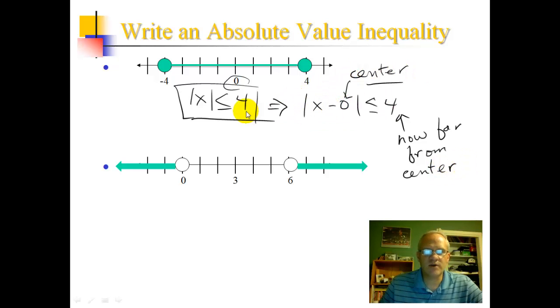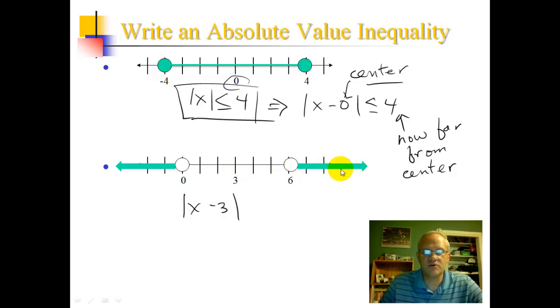Now, in this case, why did we do this? Well, 0, we can just drop it because it's 0. So that's why it ends up being like this over here. Well, let's follow the pattern here. What do I have? Absolute value of x minus whatever is in the center. What's in the center of the 0 and the 6 here? 3. So I'll put 3 in here. And then in this case, is it closer in to the middle or further away?